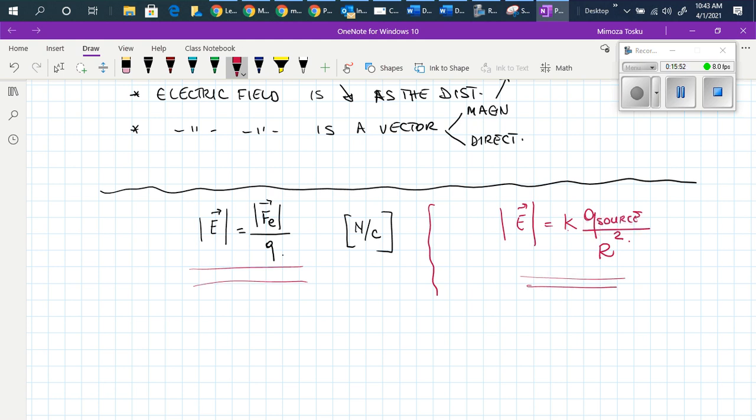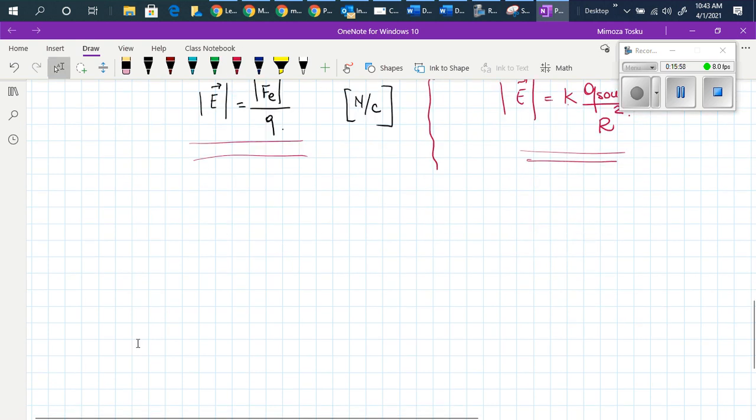So let's suppose we have a charge that is placed in an electric field, and the charge is 90 mu coulombs.